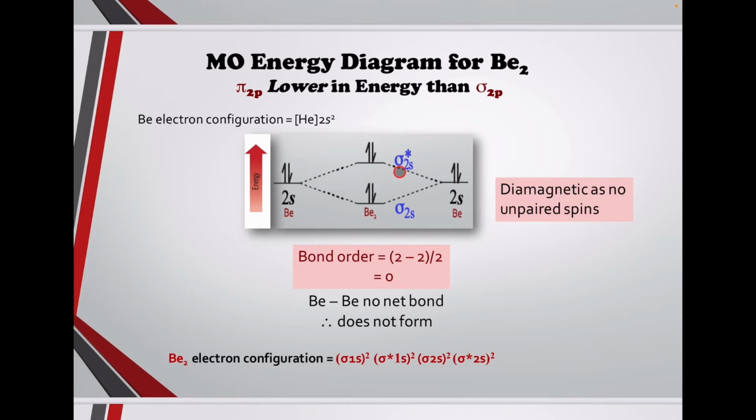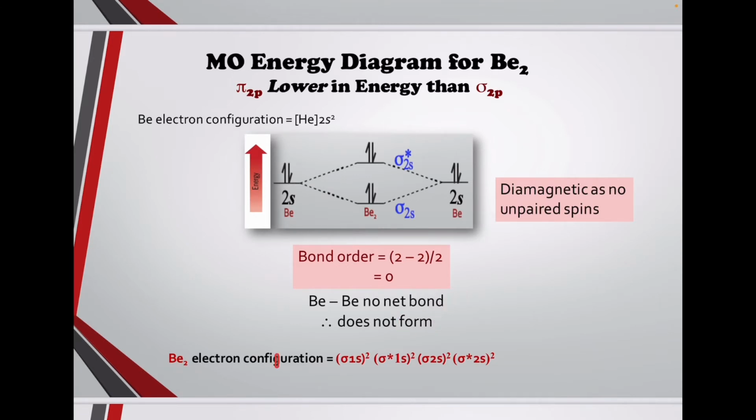So the bond order is equal to the bonding electrons minus the antibonding electrons, 2 minus 2 divided by 2, so the answer is 0. If bond order is equal to 0, meaning that Be to Be has no net bond, the bond does not form.